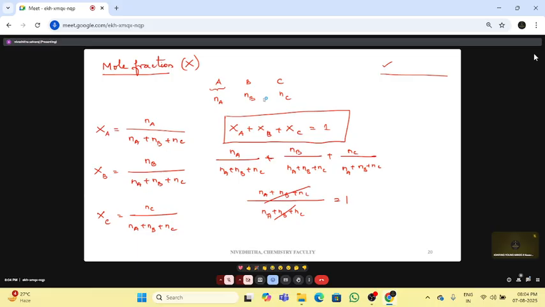Fine. So this is also a way of expressing concentration. And we have to know one more thing in the concentration discussion. There are two ways of preparing a solution. One is I'll have some solute, and then I'll have a particular quantity of solvent.